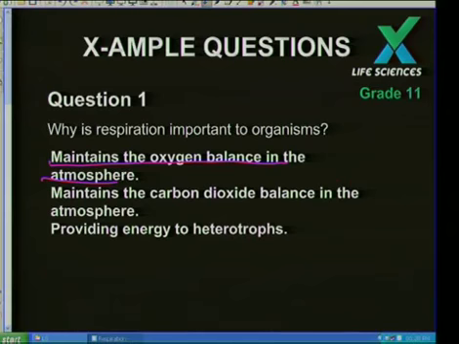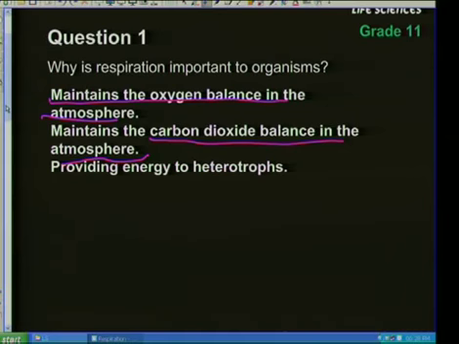So the organisms that use oxygen for respiration are maintaining the balance. At the same time, it also maintains the carbon dioxide balance. If plants used up all the carbon dioxide for photosynthesis and there was nothing releasing carbon dioxide back into the environment, there would be no carbon dioxide for the plant. So during respiration, what do we do? We produce and exhale carbon dioxide. So we release carbon dioxide to the atmosphere. The plants can then use that carbon dioxide for their processes.